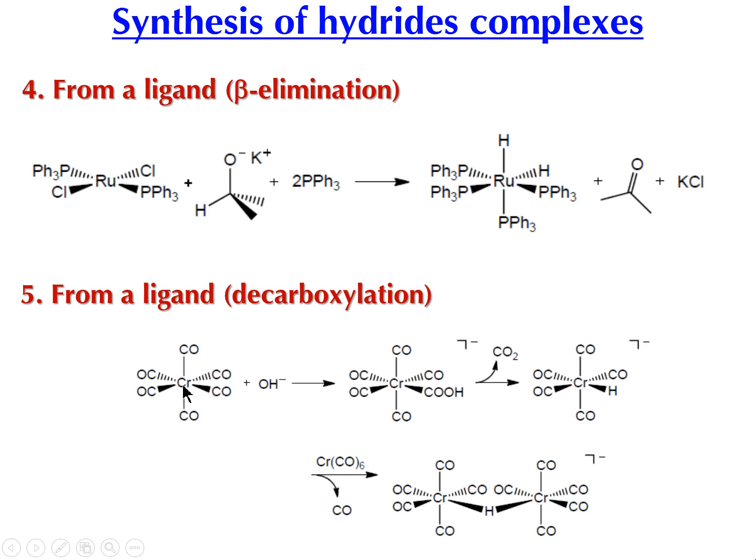Consider this complex, Cr(CO)6, add a base, we attack CO to give COOH, then we have migration of CO2 and appearance of the M-H bond. So these are the general five reactions to prepare the metal hydride complexes.